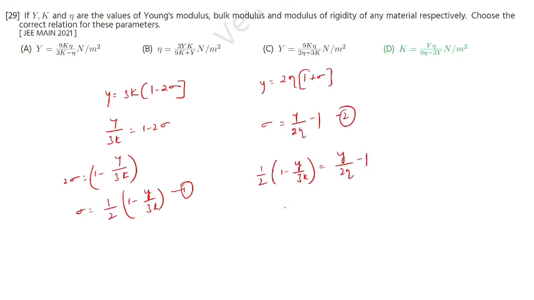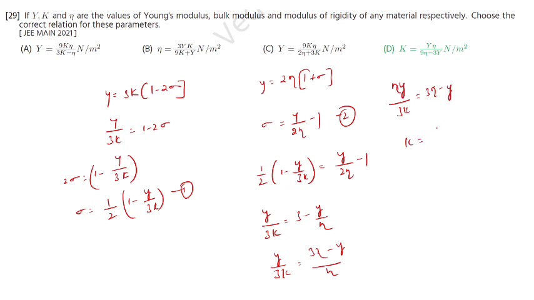So we will simplify this. Y divided by 3K is equal to 3 eta minus Y divided by eta, and if you bring eta to this side, eta into Y divided by 3K is equal to 3 eta minus Y. They are asking the K value, no?